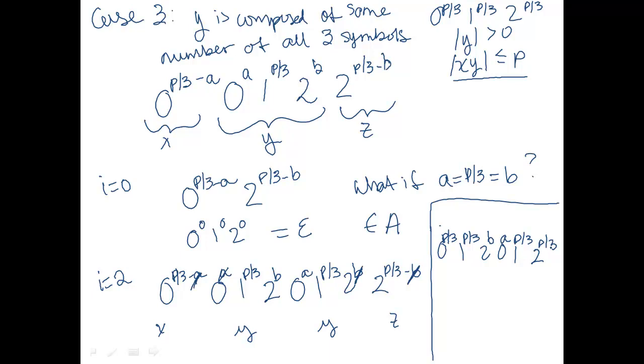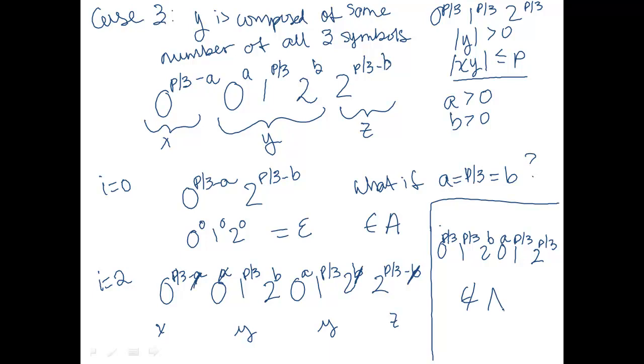Okay, so no matter what, we have a problem. We've said in the case that y is composed of some number of all 3 symbols, so this actually implies that a is strictly greater than 0 and b is strictly greater than 0. Okay, so I definitely have something there. Okay, so this is not an element of the language.